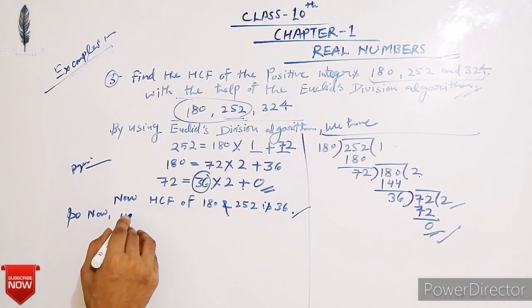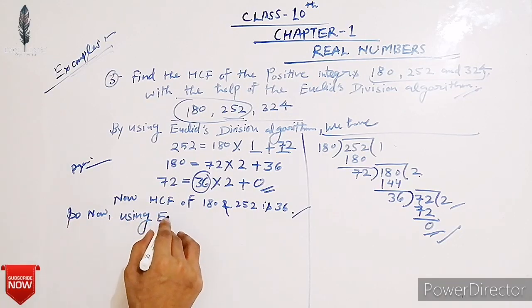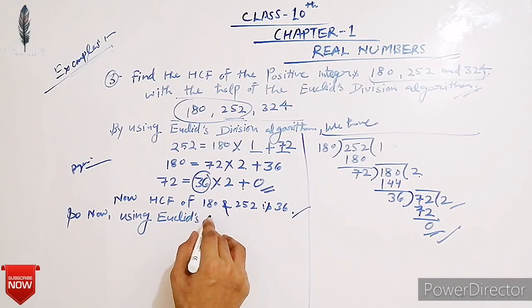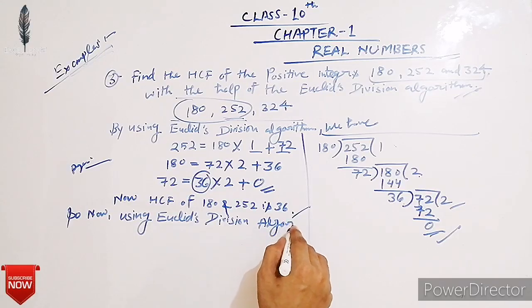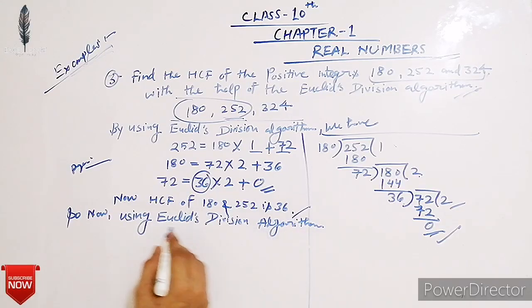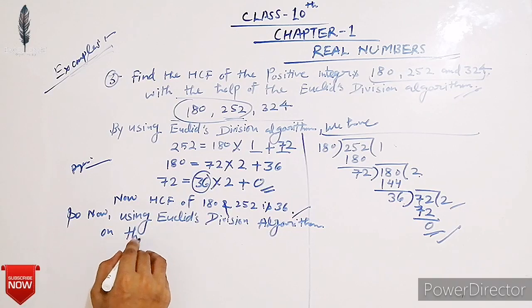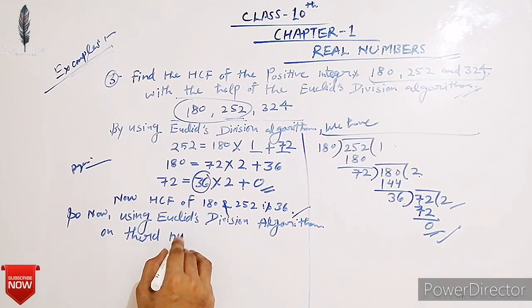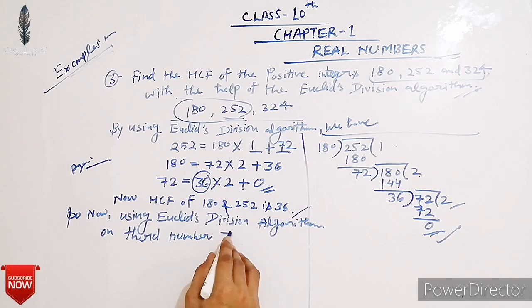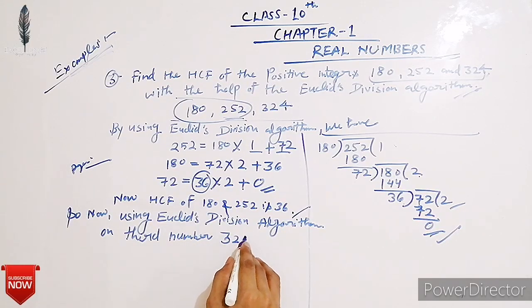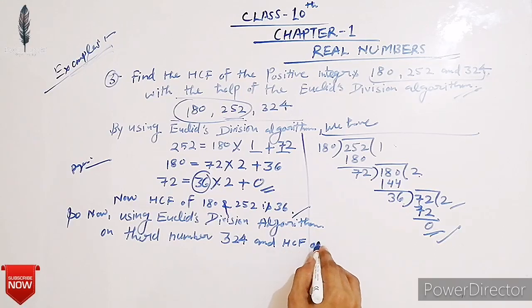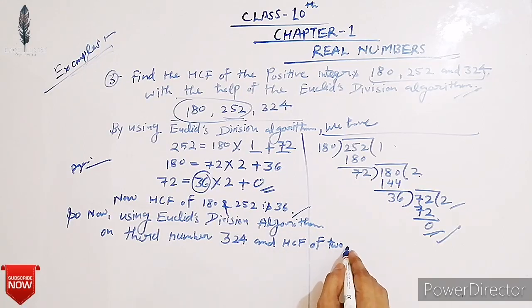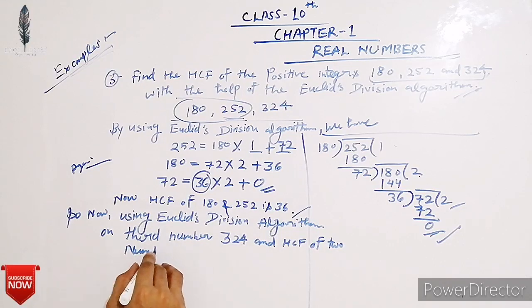So now using Euclid's division algorithm on the third number 324 and the HCF of the two numbers, that is 36.